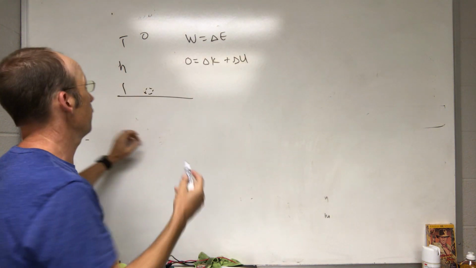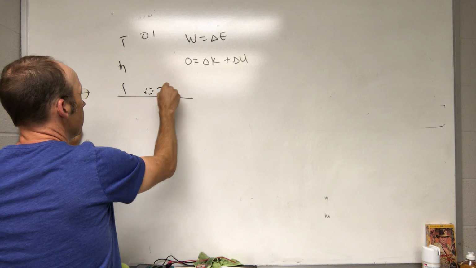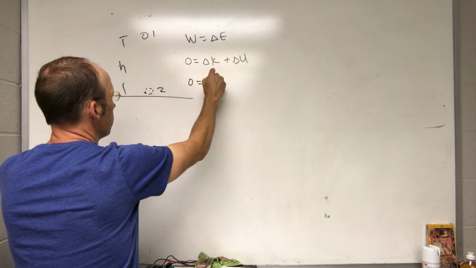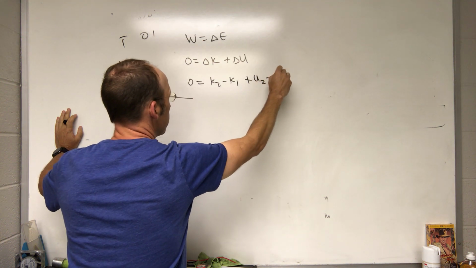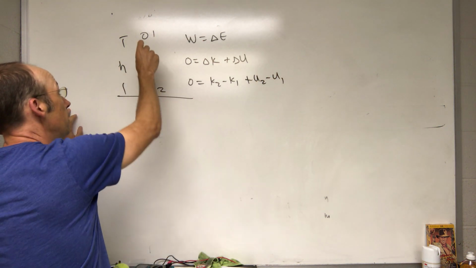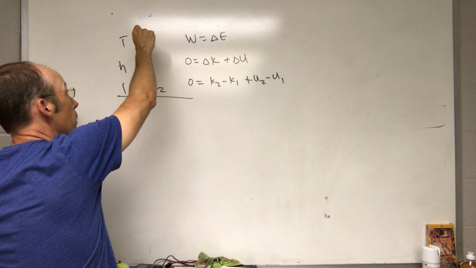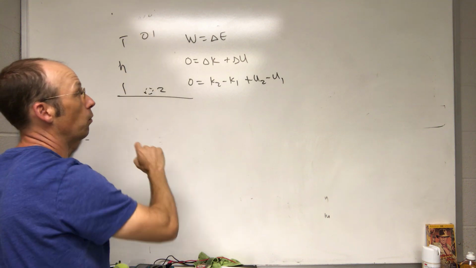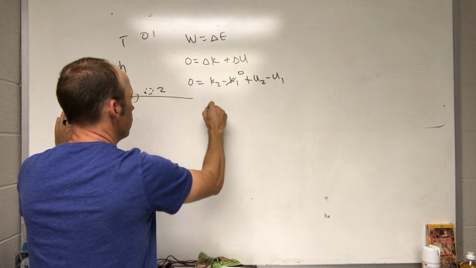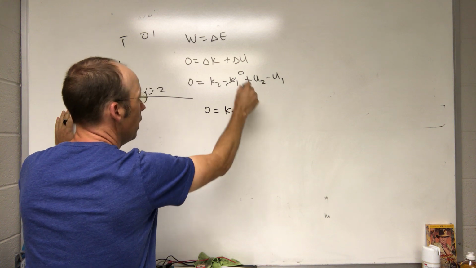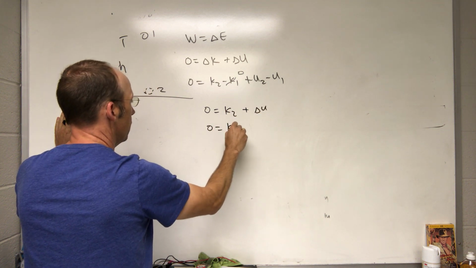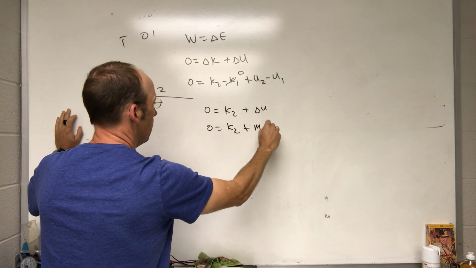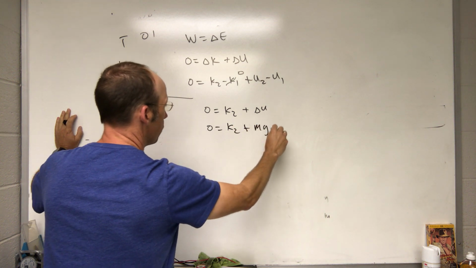And then I can solve for these situations. Let's call that 1. Let's call that 2. I have 0 equals K2 minus K1 plus U2 minus U1. If I release it from rest, K1 is 0. So 0 equals K2 plus delta U, and 0 equals K2 plus mg delta y.